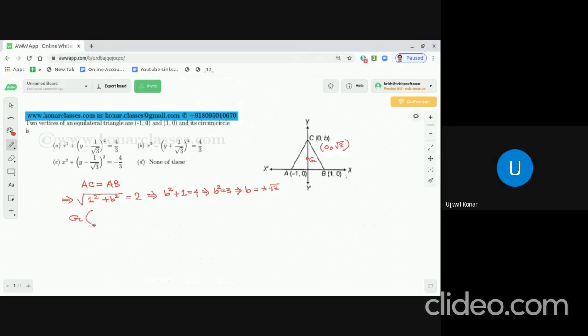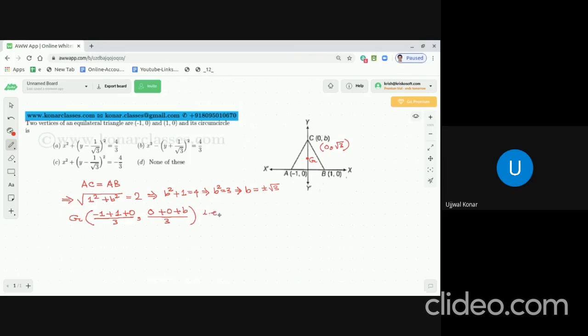The coordinates of the point G should be the sum of the x coordinates of all three vertices divided by 3, that is (-1 plus 1 plus 0) divided by 3, comma, (0 plus 0 plus b) divided by 3.